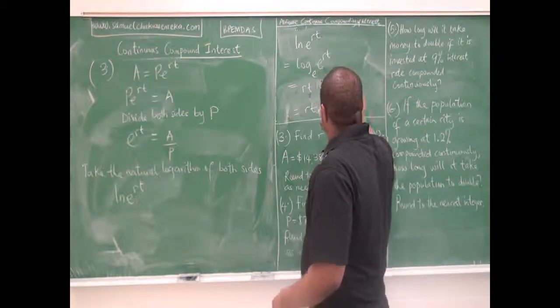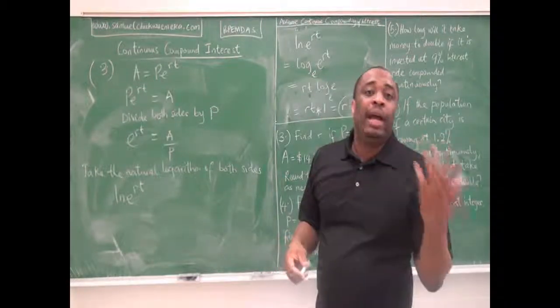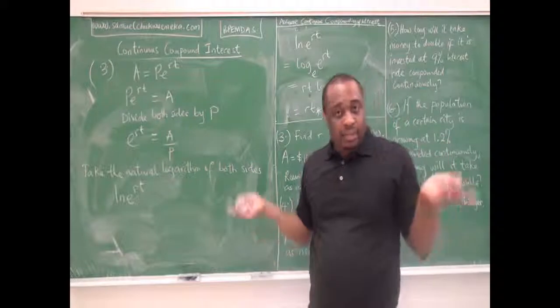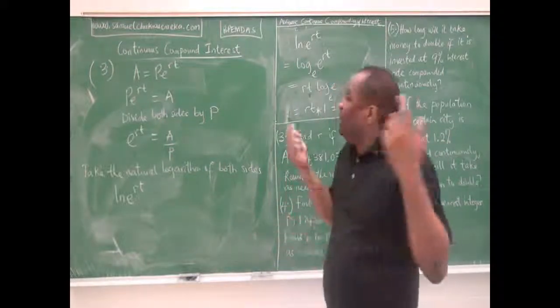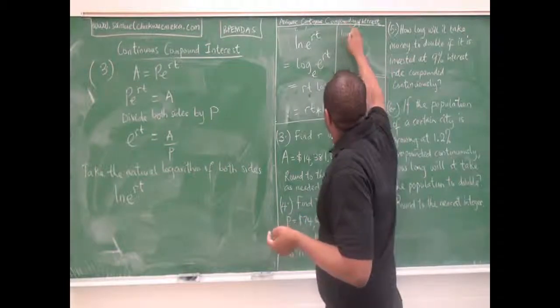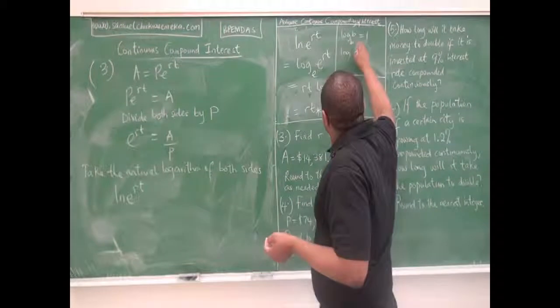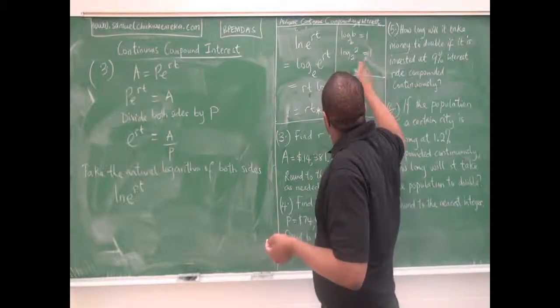And that gives you RT. Now, the law of logarithm: log A base A is 1. Log B base B is 1. Log 2 base 2 is 1.